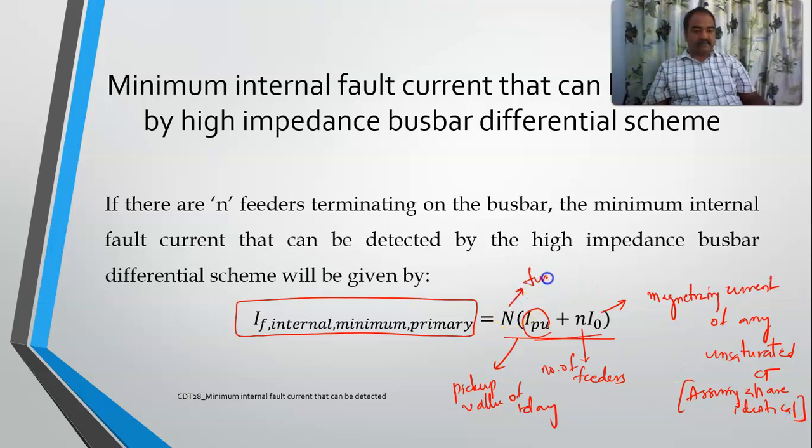And n represents the turns ratio. Okay. So this is the formula for minimum internal fault current that can be detected by the high impedance busbar differential scheme.